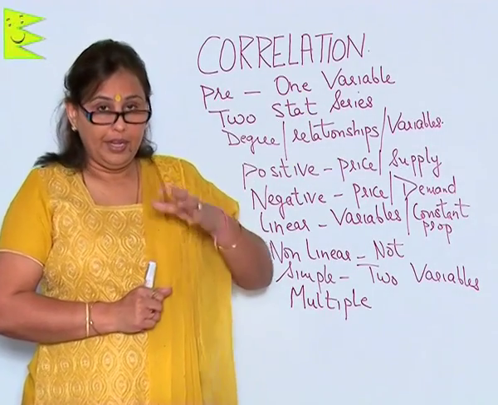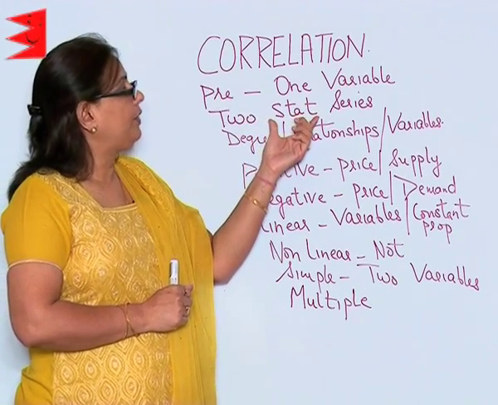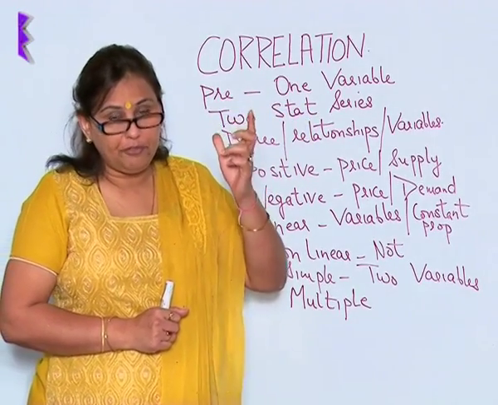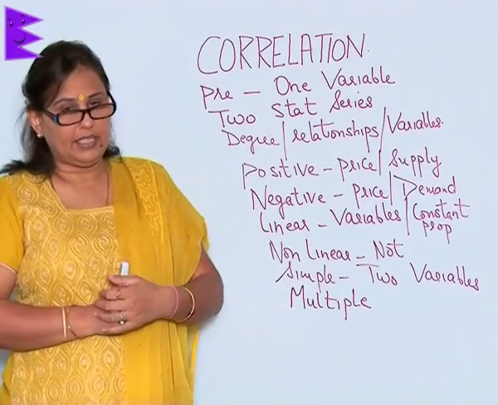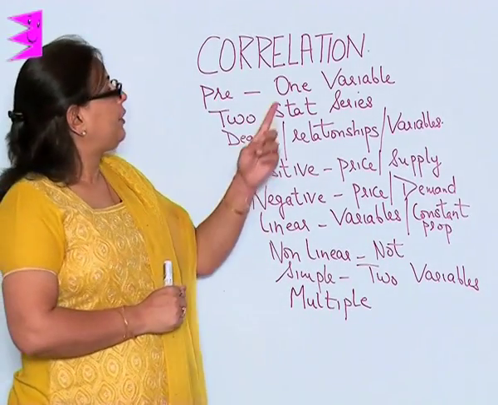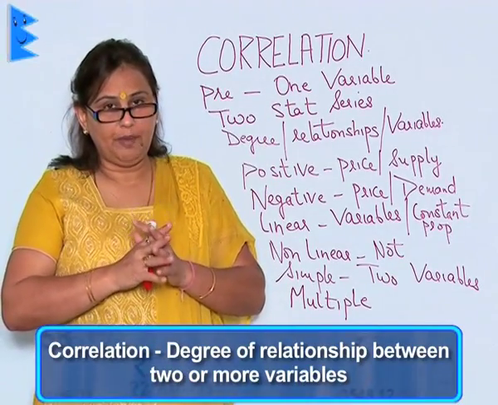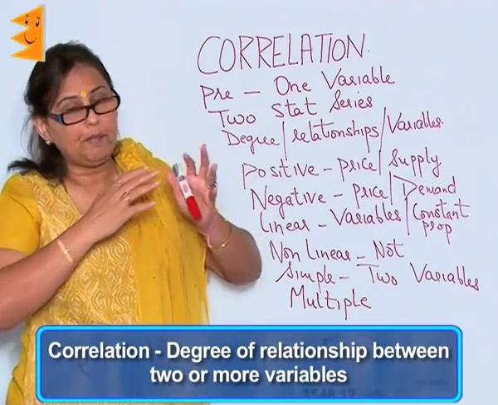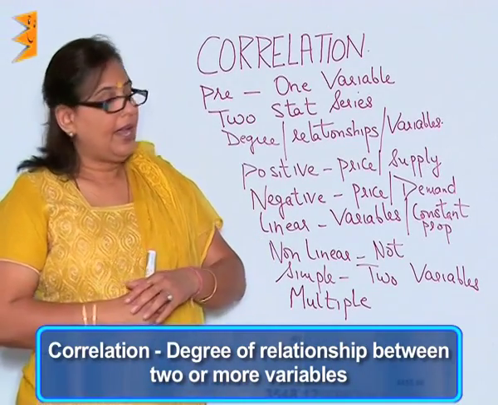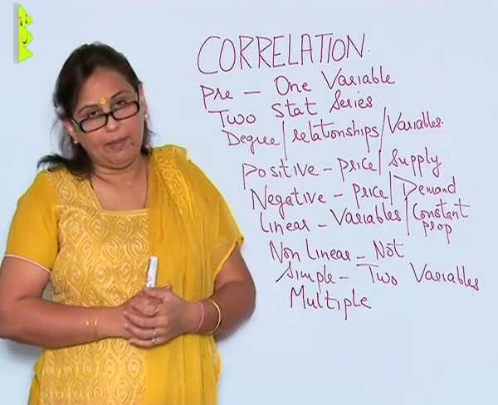But now in this chapter we are going to study the correlation of two or more statistical series, which means in a nutshell that correlation is the degree of relationship between two or more variables. And this we are going to study in detail in this chapter.